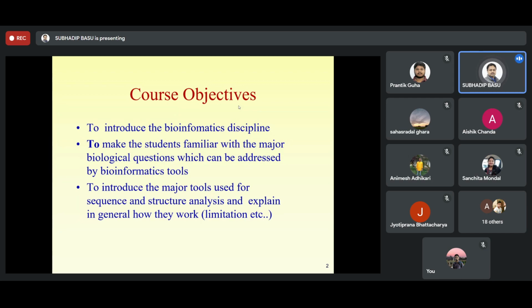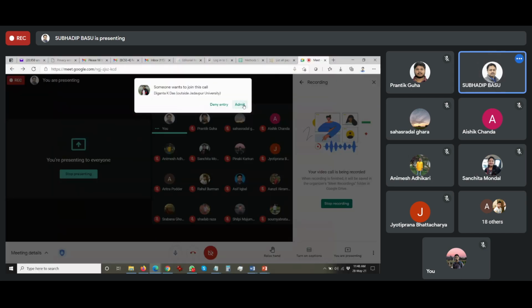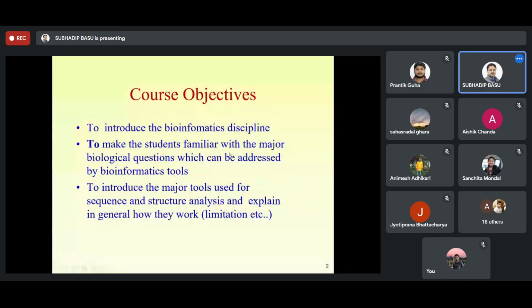Okay, so that is definitely one objective as a student, but I should say that going deeper into a specific domain is also one of the major objectives of a master's level elective course.